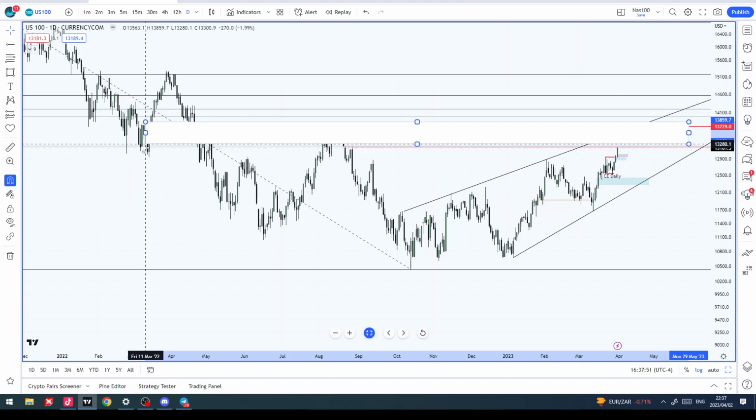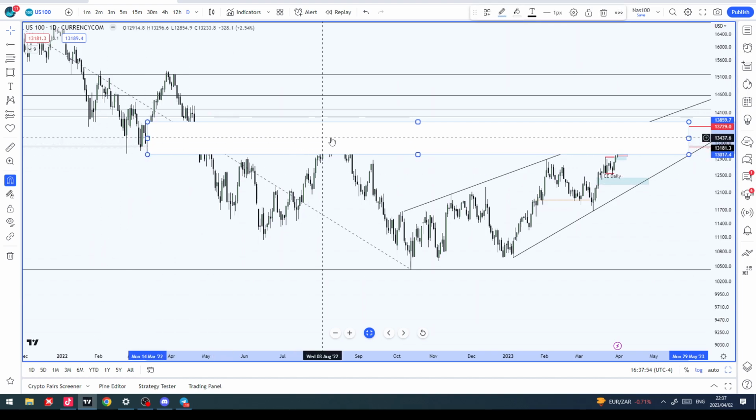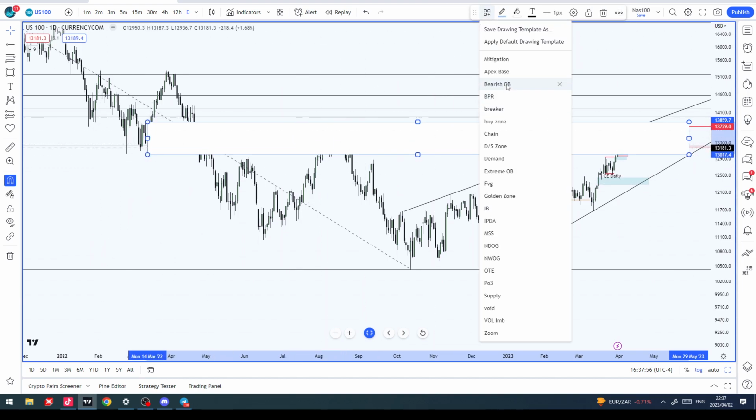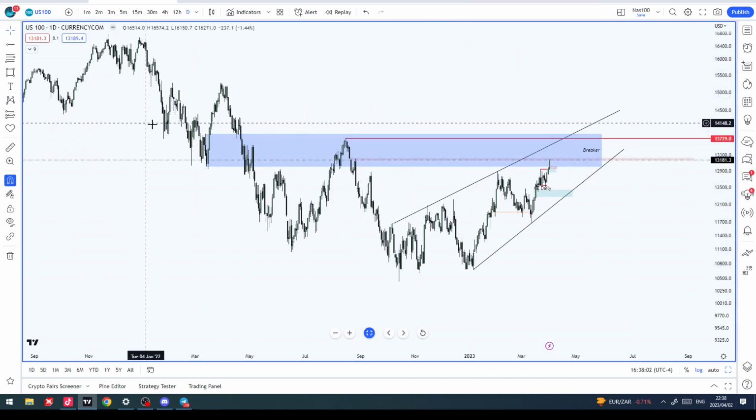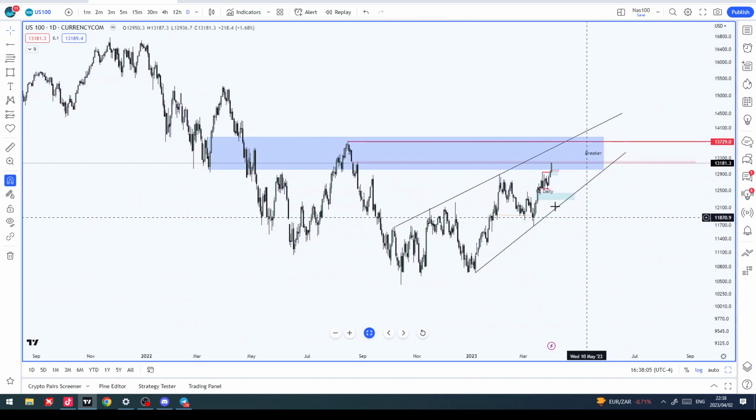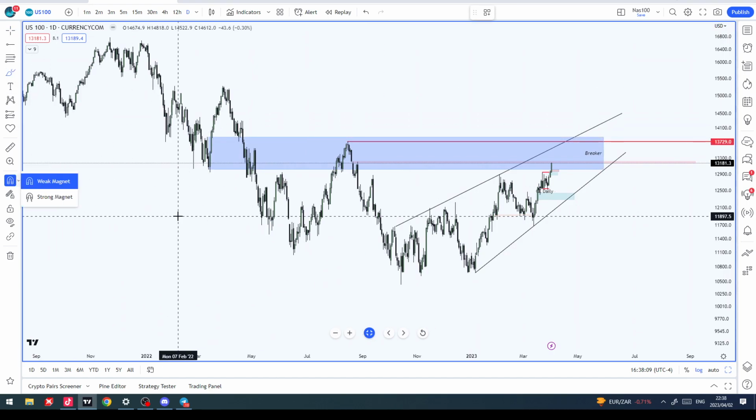Drawn out all the way in time as a breaker. So when price comes into here, you can see what happened the last time. Order pairing, price moved away.